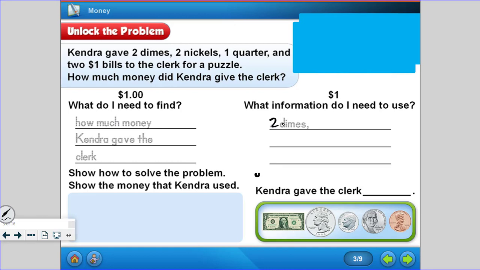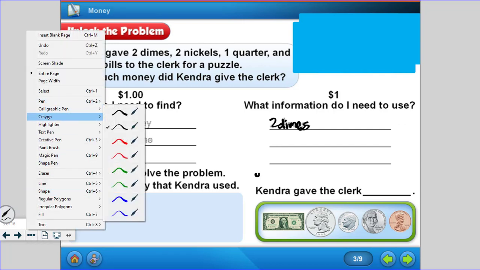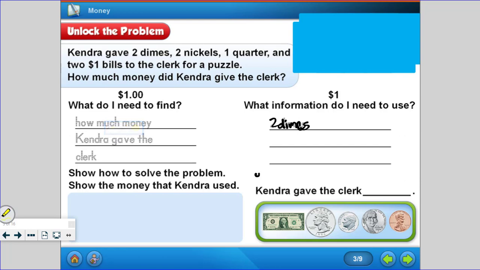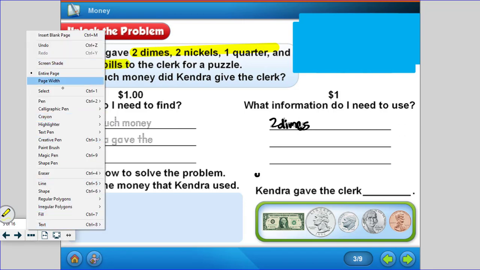Right here. And then I'm going to highlight the rest of the part that we're going to copy down. So she gave the clerk 2 dimes, 2 nickels, 1 quarter, and 2 $1 bills. So that's what we need to write down, all of that information.